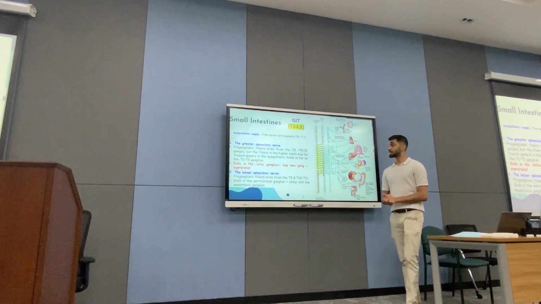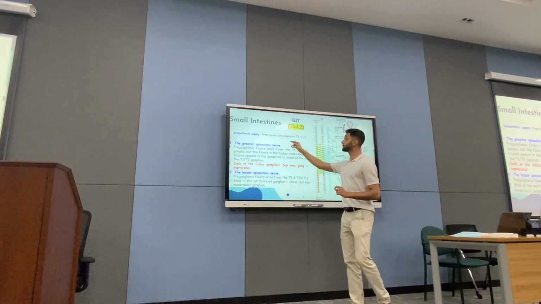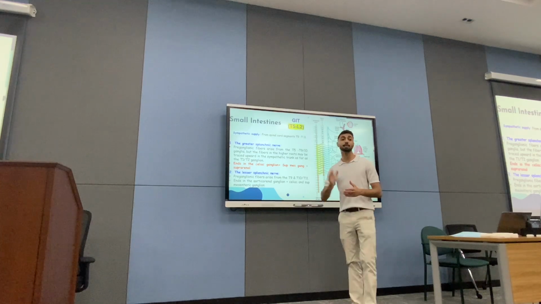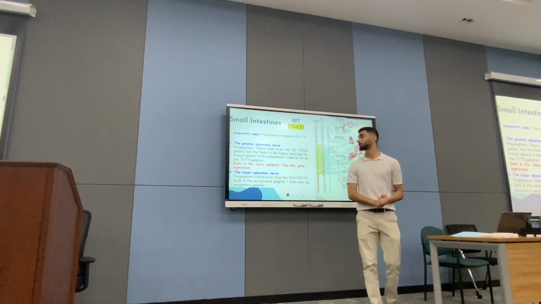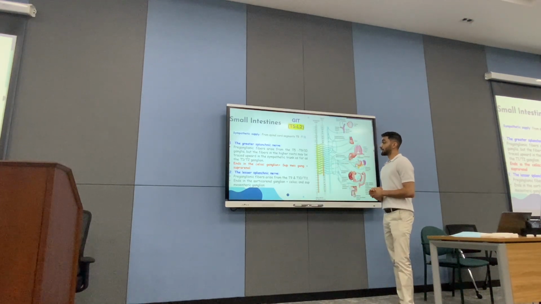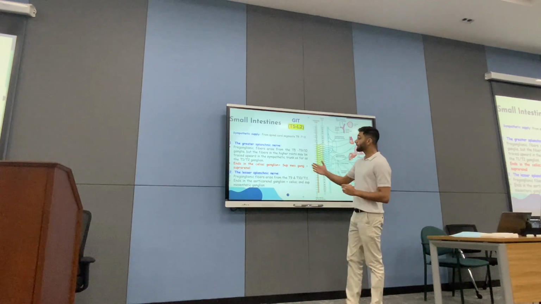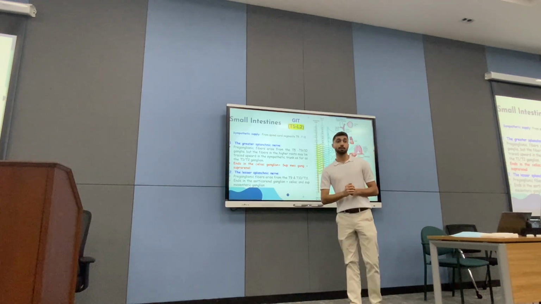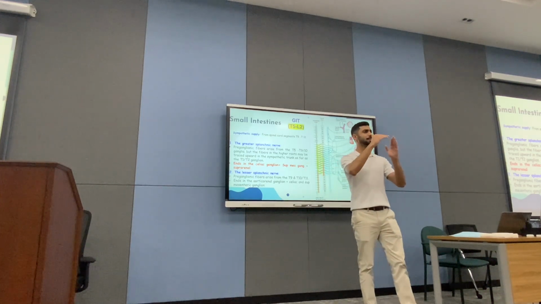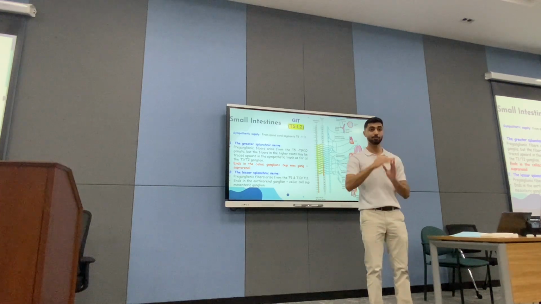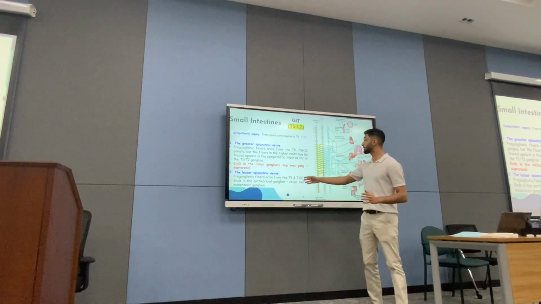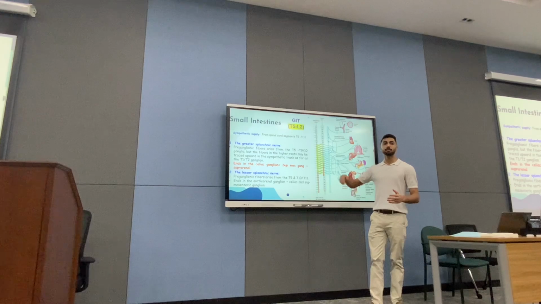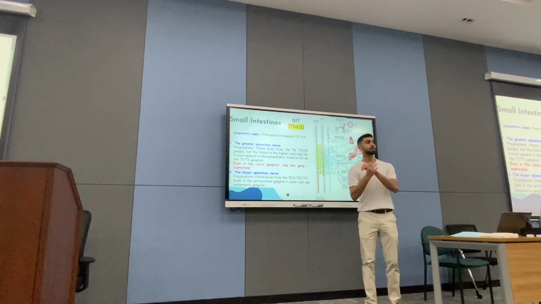Now for the small intestines, the sympathetic supply is from T9 to T11 spinal cord segments. Now, we have the lesser splanchnic nerve and greater splanchnic nerve. What did we say about the greater? It arises from what? T5 to T9. The lesser splanchnic nerve, it arises from what? T9 to T11. T9, T10, T11.